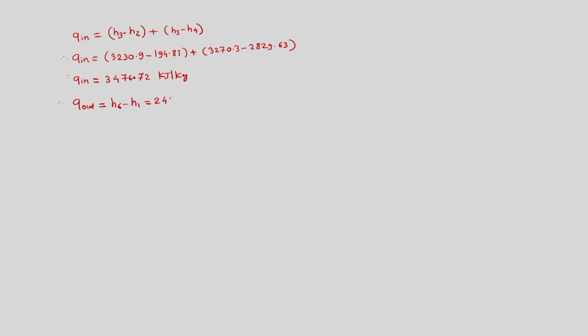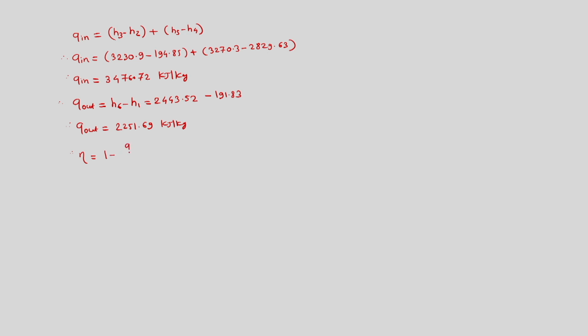Similarly we can find Q out, and Q out is equal to H6 minus H1. So it is 2443.52 minus 191.83. So we get Q out is equal to 2251.69 kilojoule per kg.